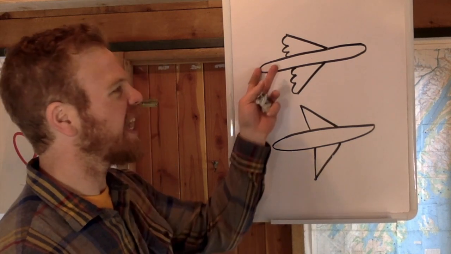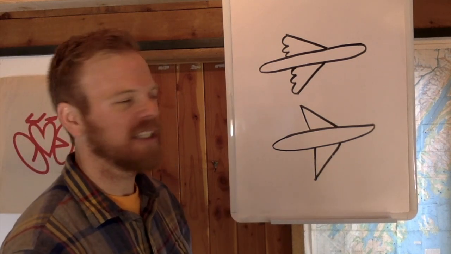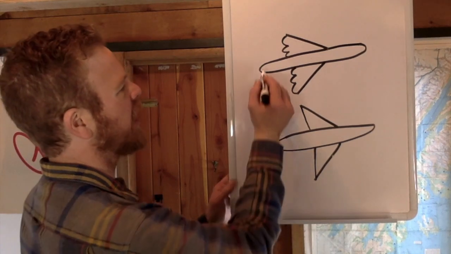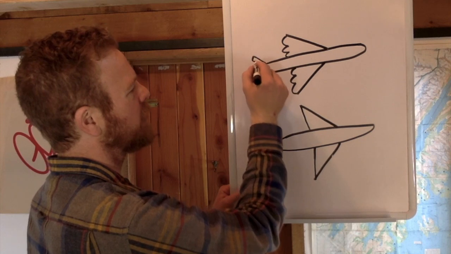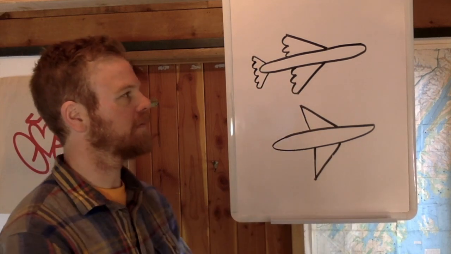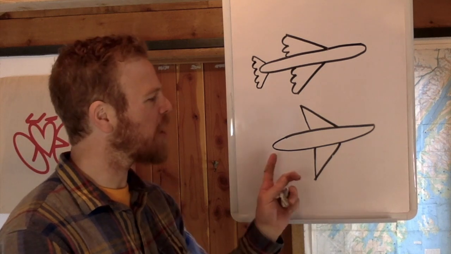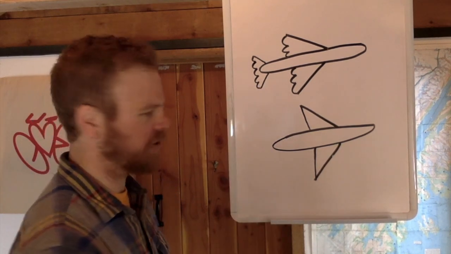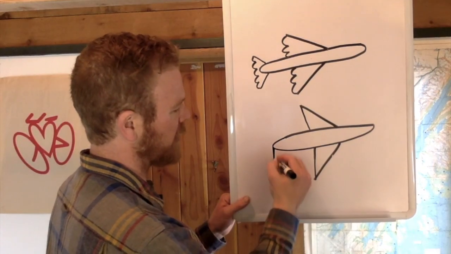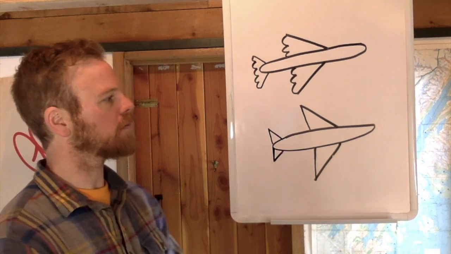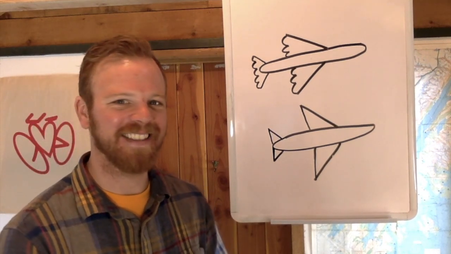Now let's put the tails on both of these. The tail on a bird is kind of like the tail on a plane. It comes out to the sides like this. But the airplane, remember, has straight sides. It doesn't have the feathers. So straight triangles. Good.